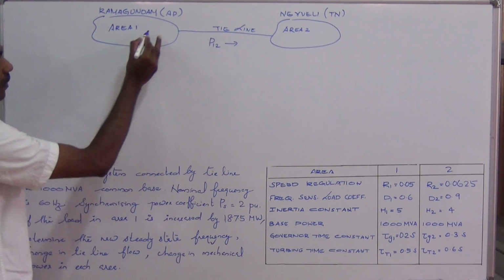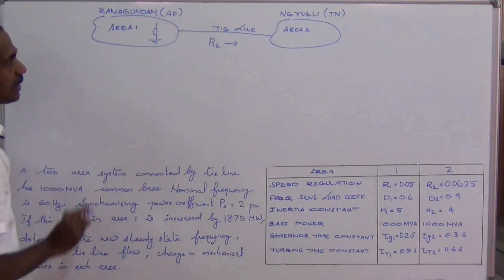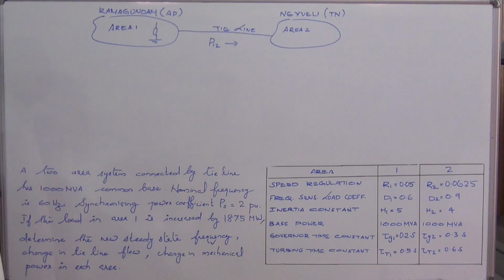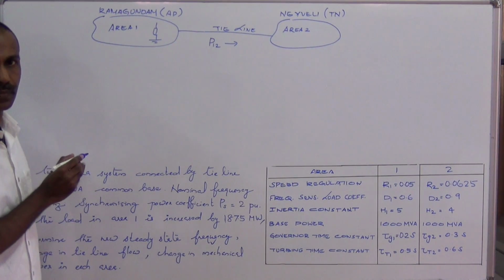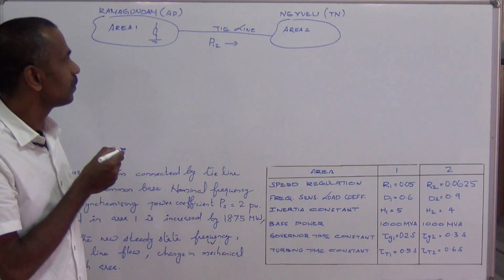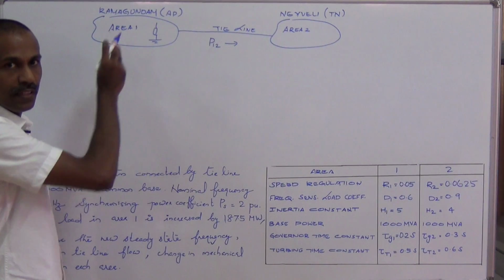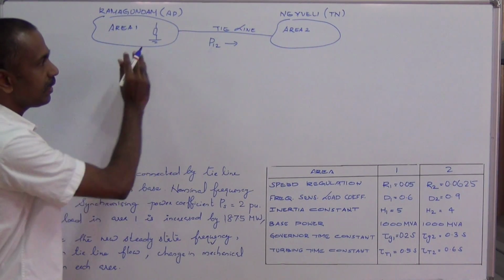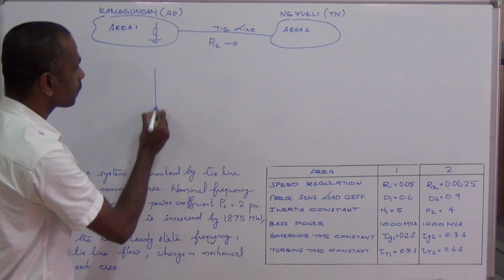Now we consider a heavy load connected to the first single area system. When an additional load is connected to the first single area system, let us consider what events take place. Now the load demand is increased in the first area and these two areas are connected together, so the frequency will reduce.